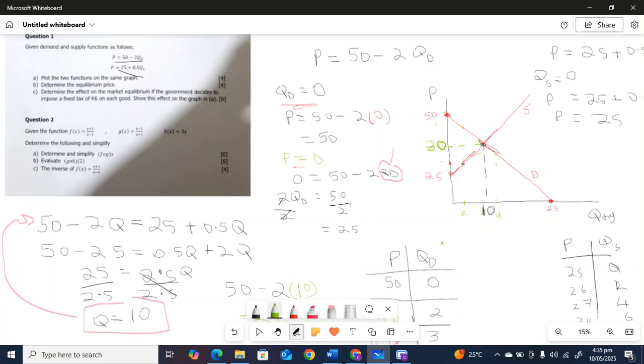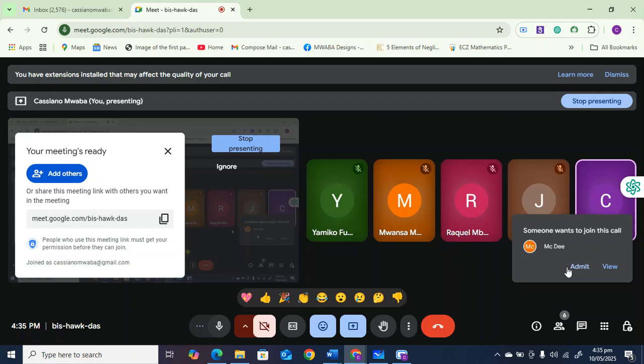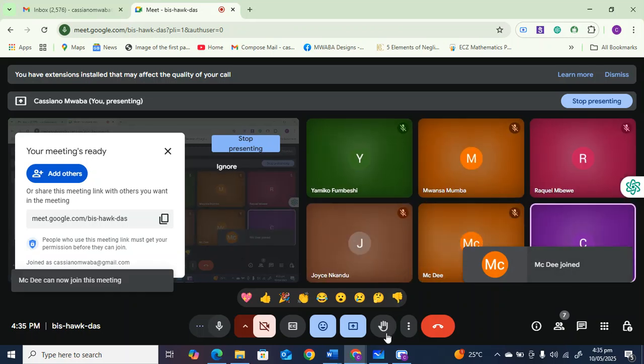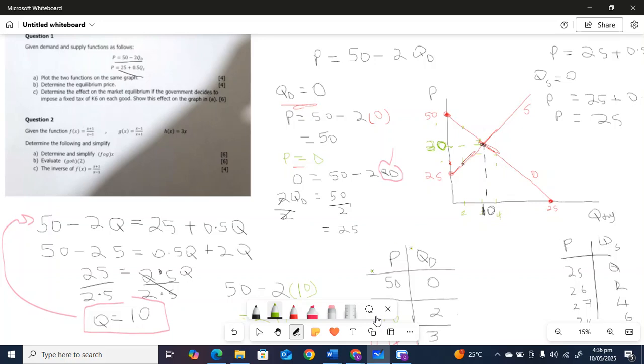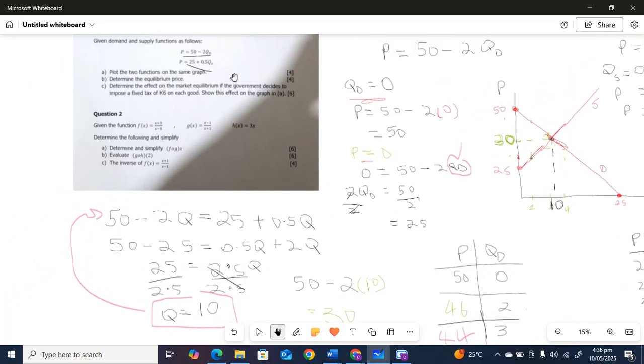Okay, the next thing: determine the effect on the market equilibrium if government decides to impose a tax of 6 kwacha. Whenever a tax is involved, always add it to the supply function.